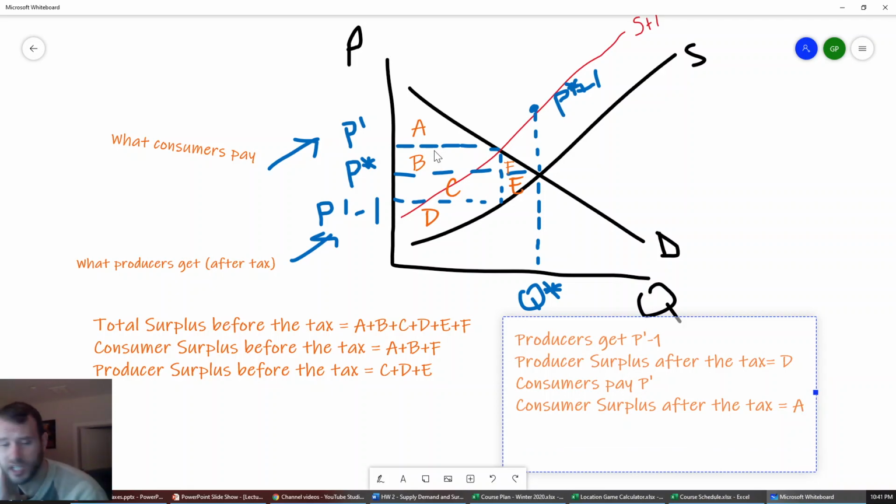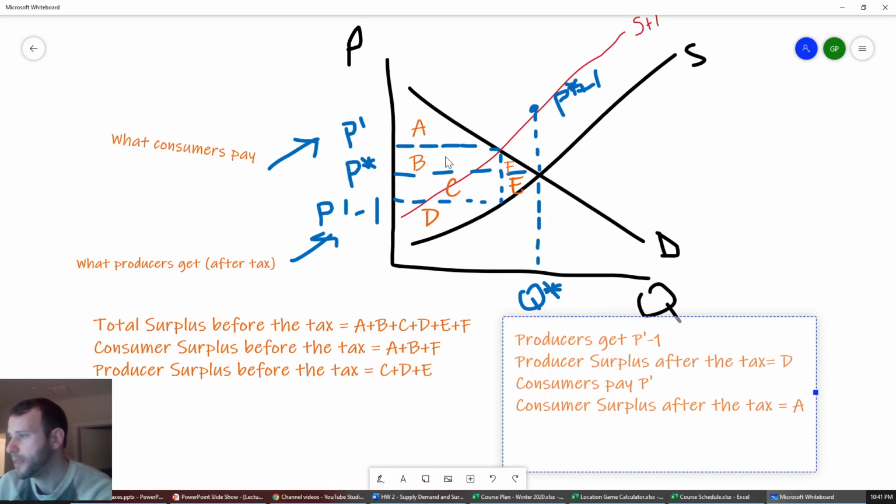What are B and C? B and C is area that used to be part of consumer and producer surplus. C used to be part of producer surplus, B used to be part of consumer surplus. That's now going to the government.